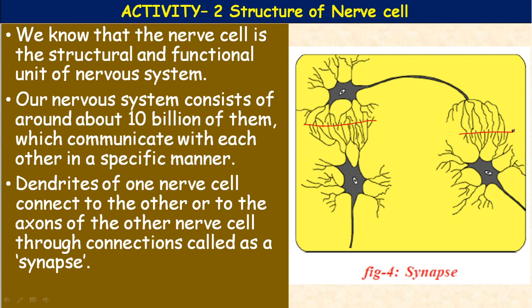Okay. Because neural messages travel in one direction, the membrane of the sending cell is called presynaptic membrane, and that of the receiving cell is called postsynaptic membrane. The fluid filled gap is the synaptic cleft. Okay, what is the function of the synapse?